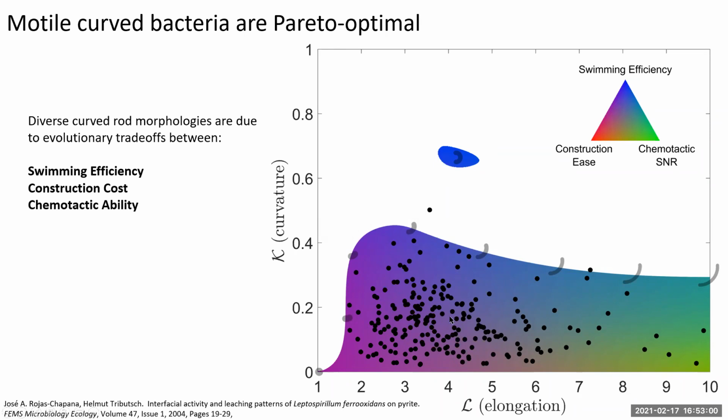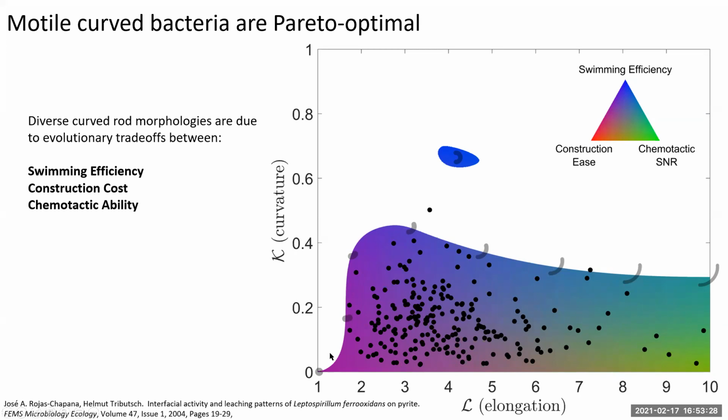But anyway, I colored in based on the various weights that each species might give to each task. If you're all the way over here, you're very elongated, you're going to have a very high weight given to chemotaxis. So presumably, if you're long and slender and a little bit curved, you are heavily weighting chemotaxis in your evolutionary history.